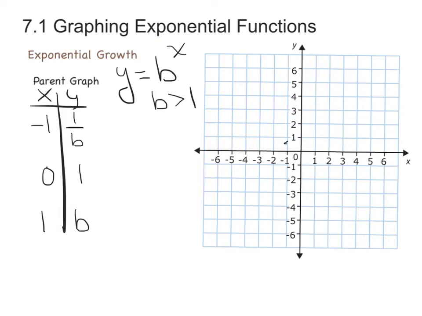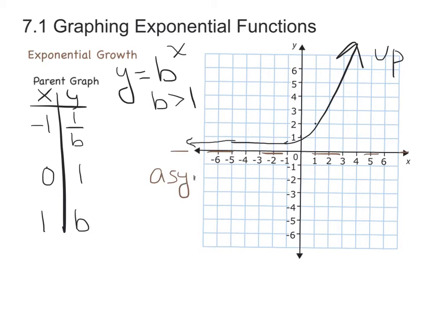And just to give you a rough sketch of what it would look like, it would be an upward curve where the tail end gets real close to the x-axis but doesn't cross it. That is called an asymptote.